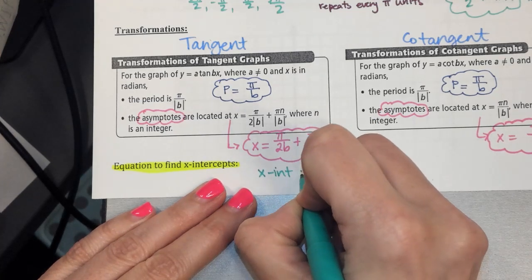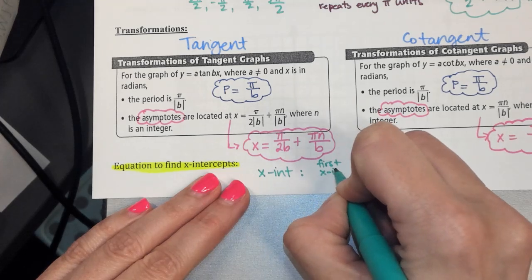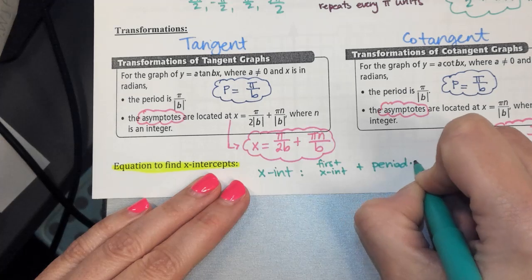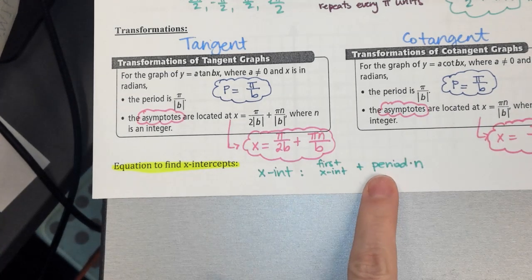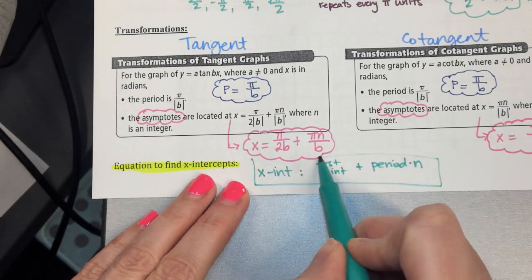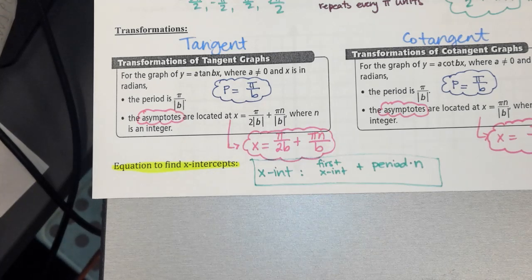So the x-intercepts are going to be the first x-intercept plus the period multiplied by n. That way, if your period isn't pi, you just plug that in there. And it's just your first x-intercept on the positive axis, or at 0.